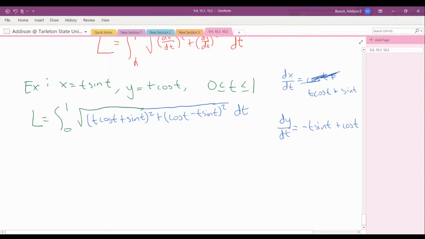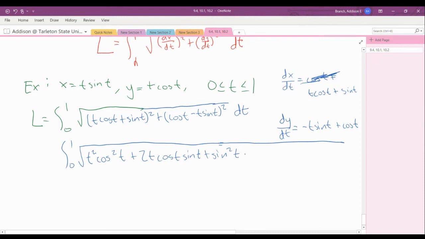Let's go ahead and simplify this a little bit to get us t squared cosine squared of t plus 2t cosine of t sine of t plus sine squared of t plus cosine squared of t minus 2t cosine sine plus sine squared.